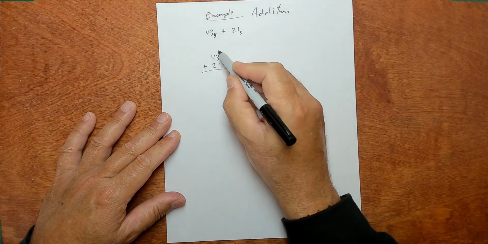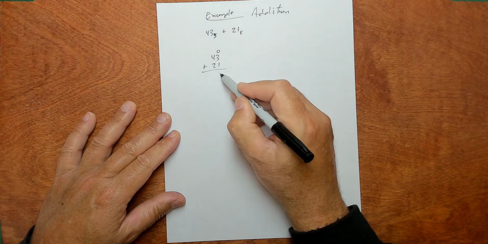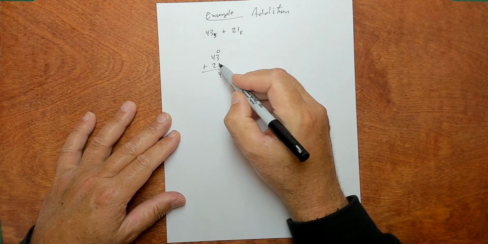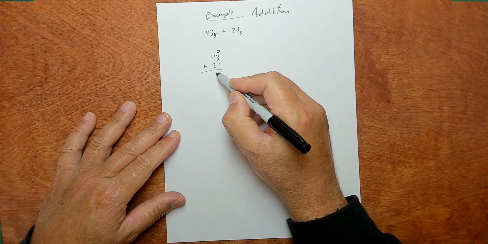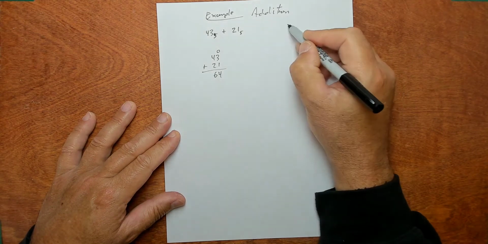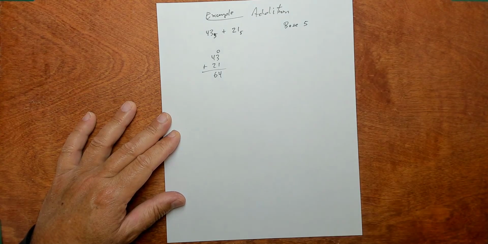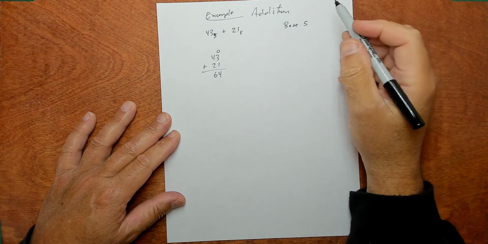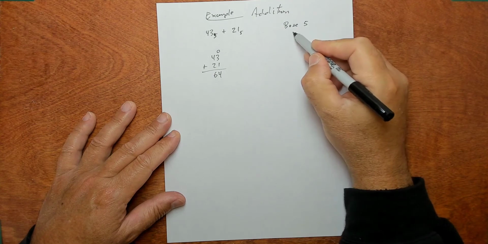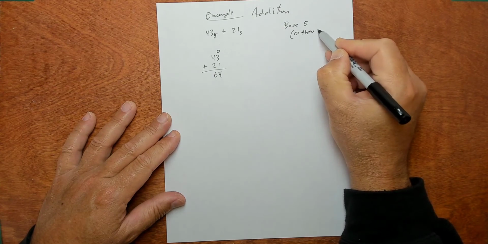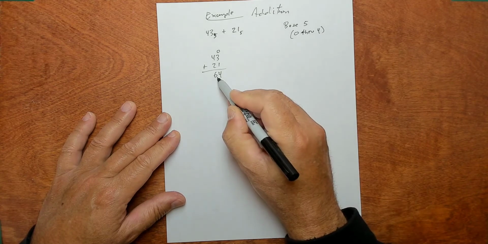So this is going to be, it carries 0. It's going to be 3 plus 1 is 4, and 4 plus 2 is 6. But if it's base 5, the digits are going to be 0 through 4. So this is too big.